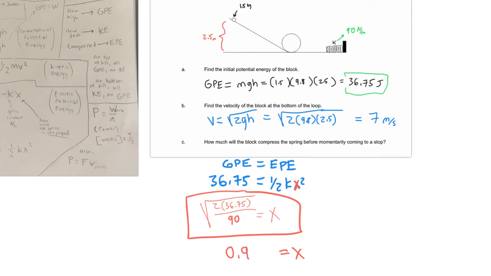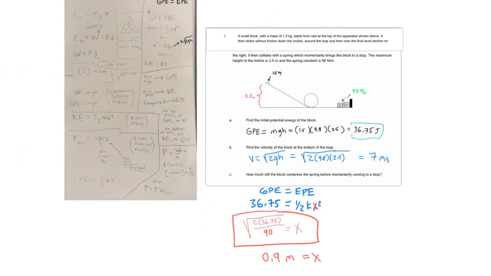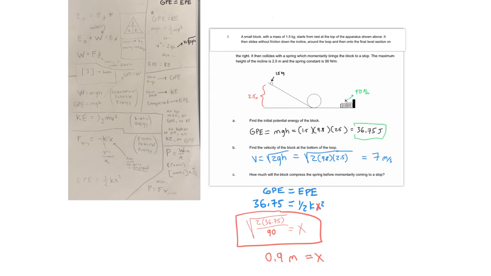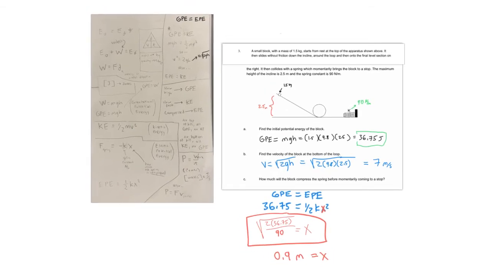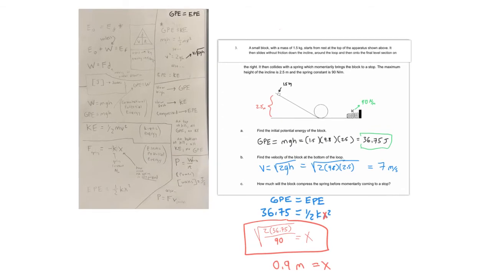So yeah, that's how you do that one. What is the moral of the story there? The moral of the story there is that GPE also equals EPE. Gravitational potential energy, we could see that as equaling elastic potential energy due to the closed system aspect of this mechanical system here.